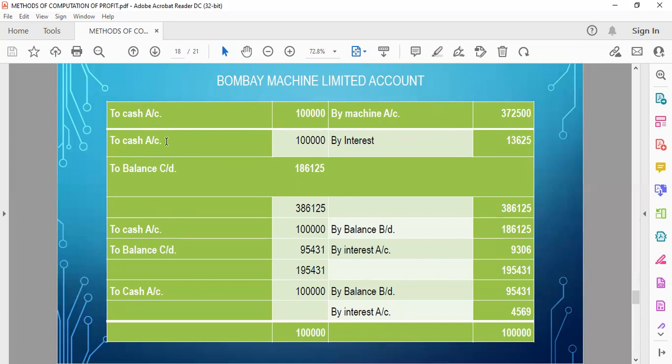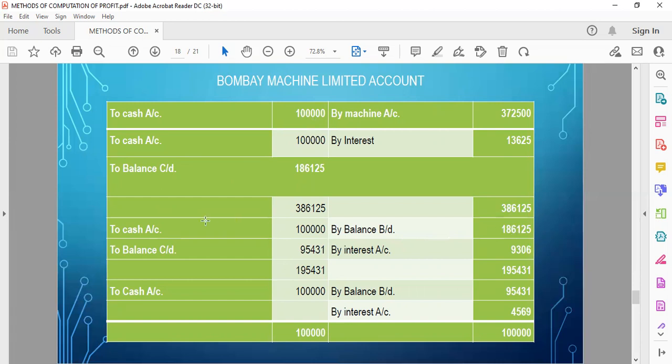Just to put the total 3,86,125. Just to subtract 3,86,125 minus 2 lakhs, you will get 1,86,125. So you can write here to balance CD 1,86,125. So you brought on that balance by balance PD 1,86,125.